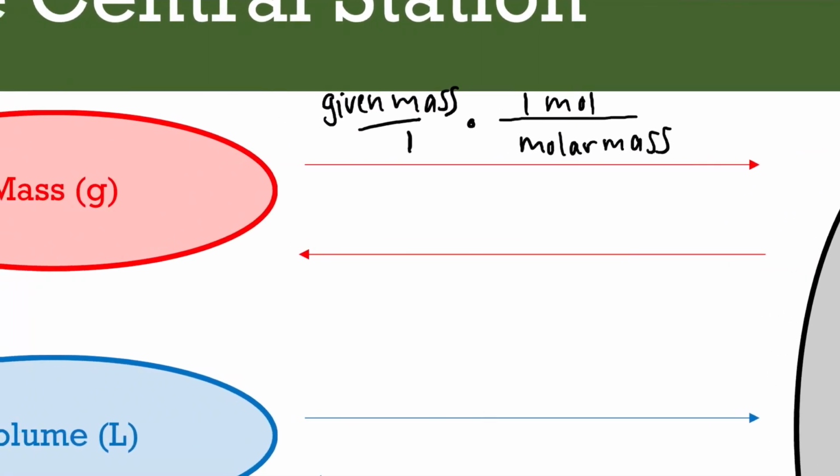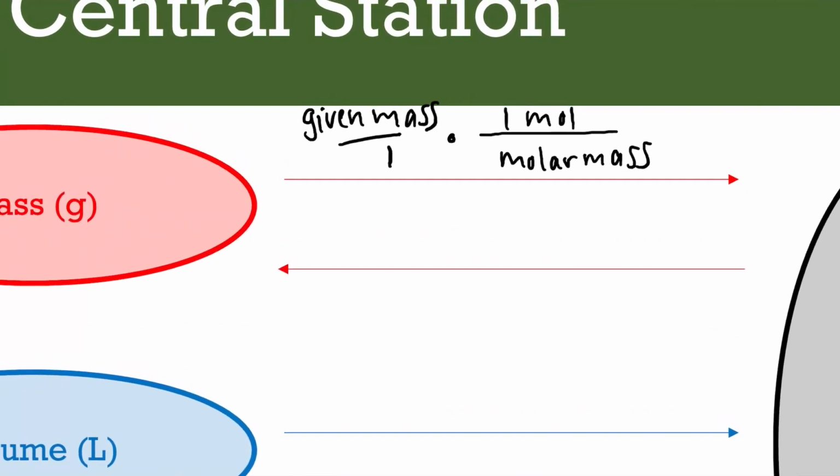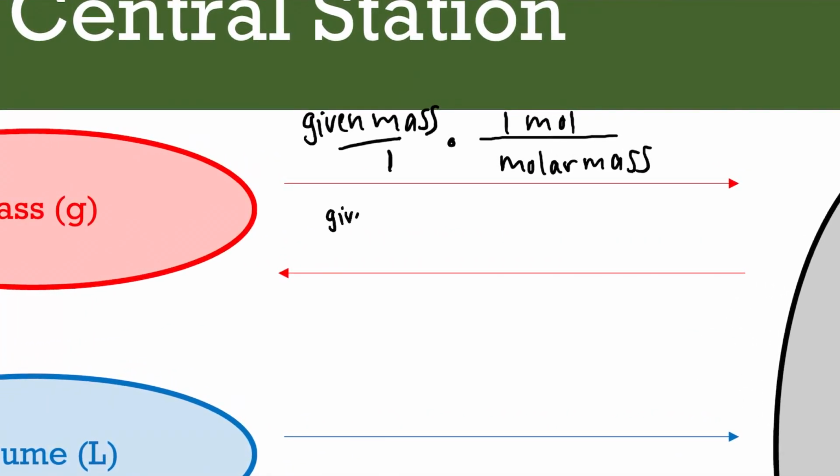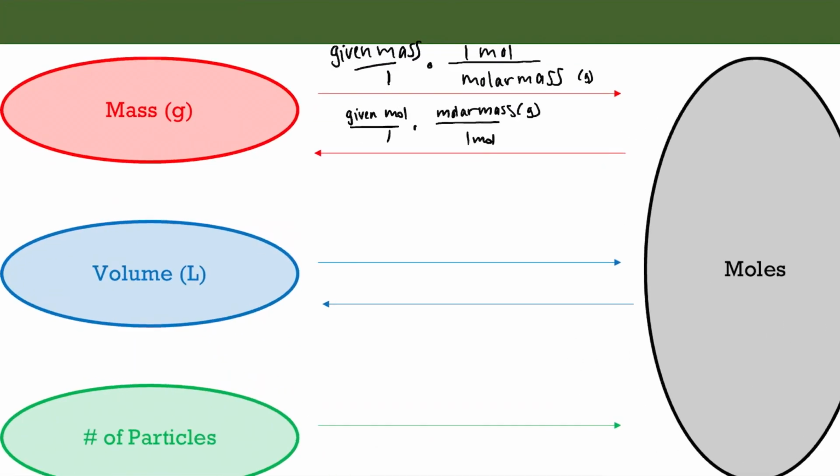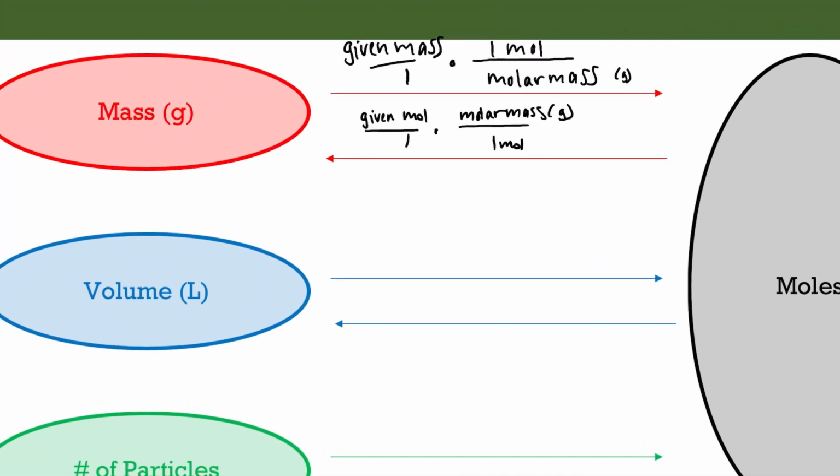If we're going from moles to mass, we are given moles over 1, and we're going to multiply by the molar mass. Just like that.